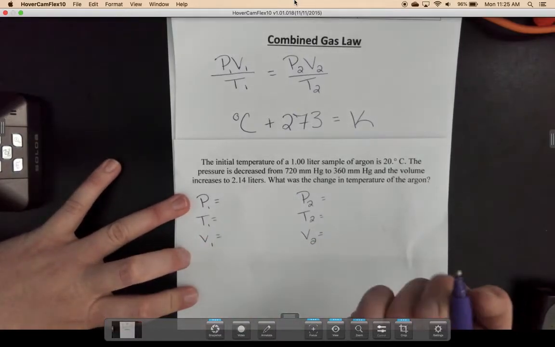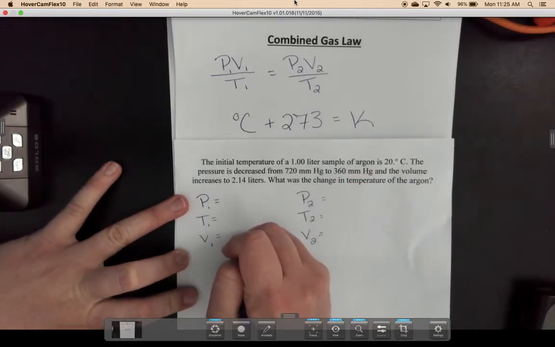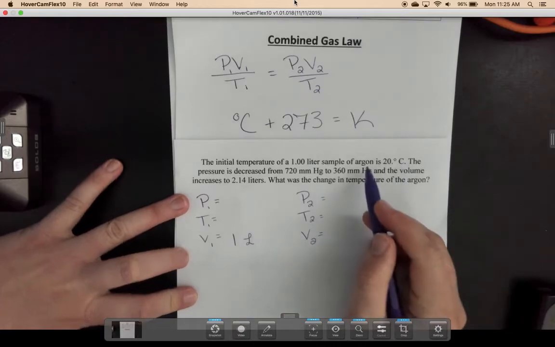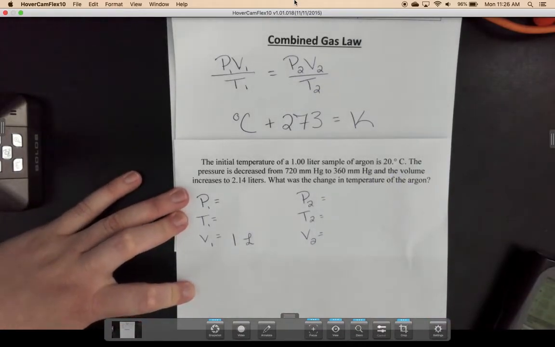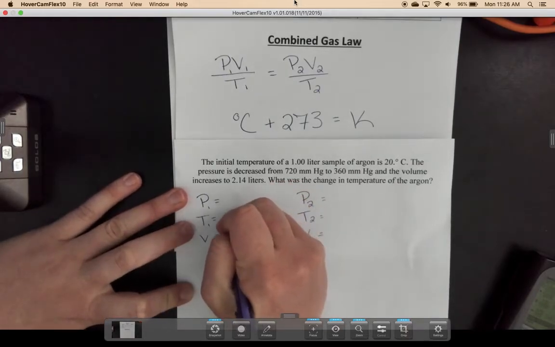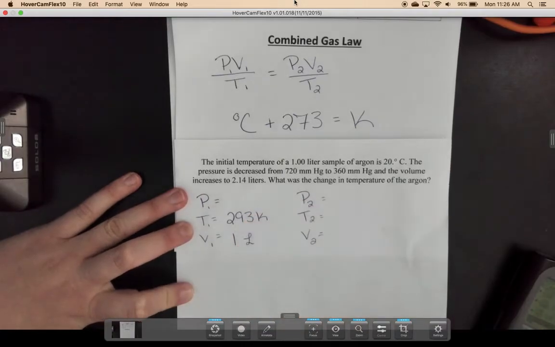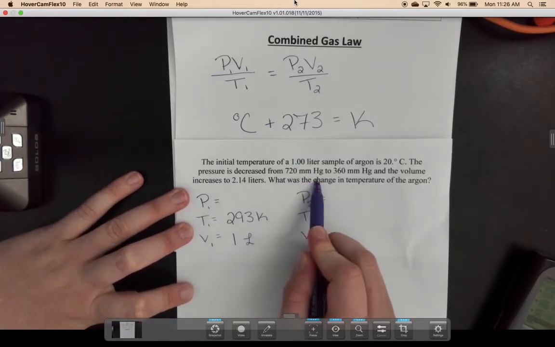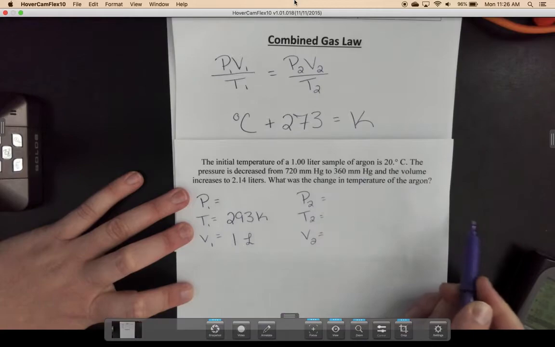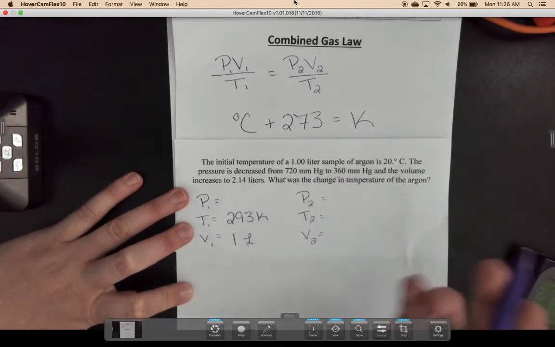So my initial temperature of a 1 liter sample, so 1 liter is your volume, is 20 degrees Celsius. So right away, just so I don't forget, I'm going to change that to 293 Kelvin. The pressure is decreased from 720 millimeters of mercury to 360 millimeters of mercury. So starts, finishes. So that's my pressure.